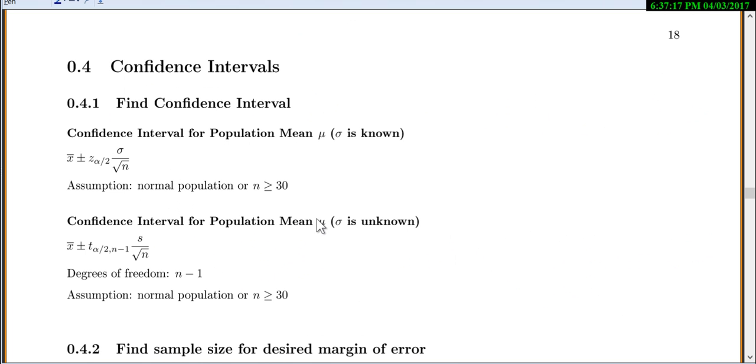So for confidence intervals, there's 2 confidence intervals you need to know for this class. There's a Z confidence interval and a T. And again, how do you tell the difference?